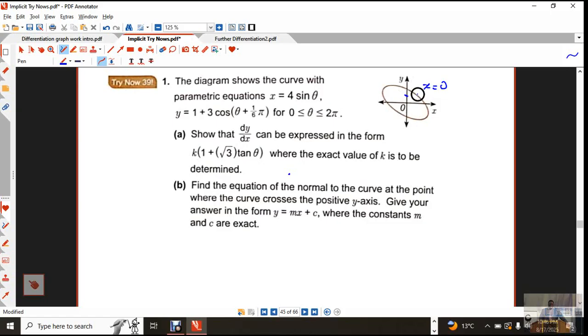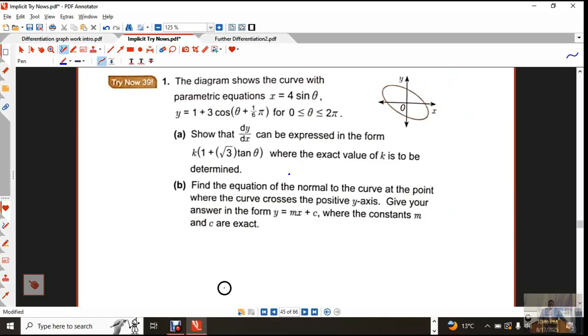Then with dy/dx, it will mean that the denominator of the derivative is going to be equated to 0, and then you take it from there. And of course, they want you to write it in the form y equals mx plus c. All right, so let's go directly to it. Take it in parts. We'll start with part A.